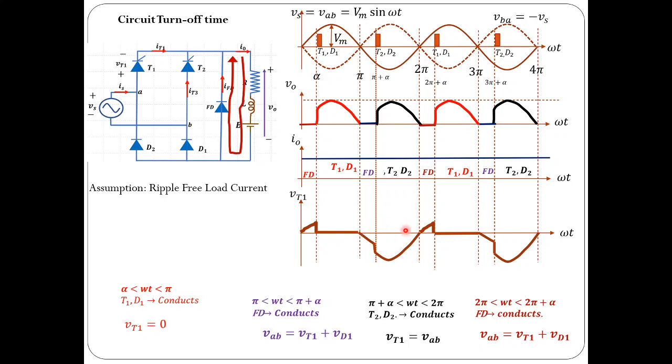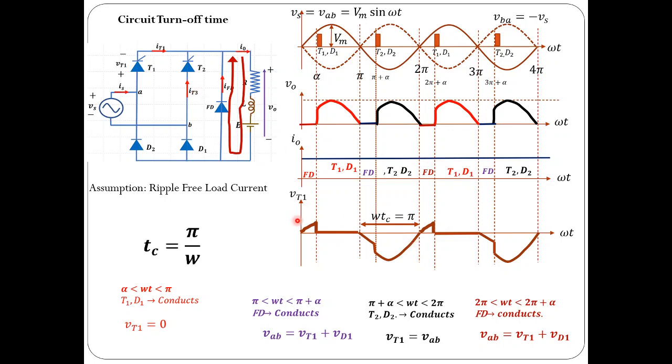This is the reverse biased period for thyristor 1, and this is the same as omega into Tc. That is the circuit turn-off time for thyristor 1. Of course for thyristor 2 also you would see that the circuit turn-off time is equal. For thyristor 1 and thyristor 2, the circuit turn-off times are going to be equal.